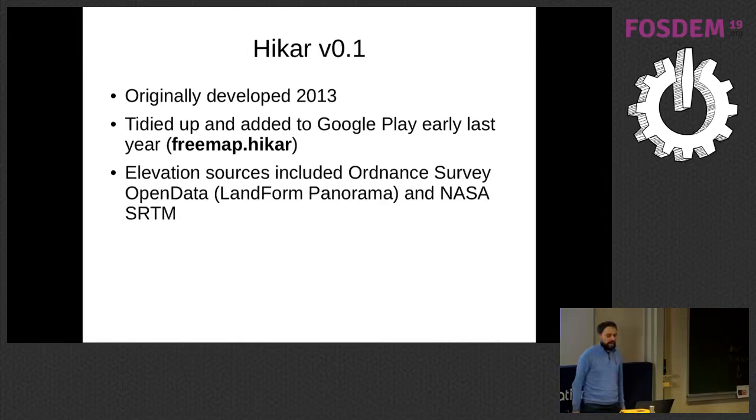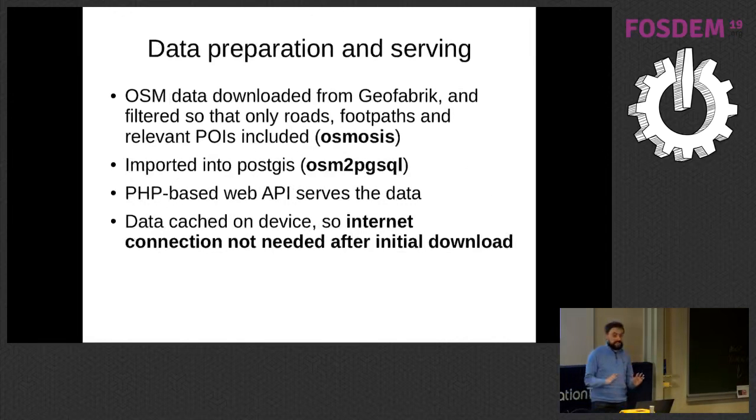Okay. So how do I prepare the data? It does not talk to OpenStreetMap directly. Obviously, the main OpenStreetMap servers are aimed at editing, not consumption of data. So it's basically using a very standard tool chain, really, using osmosis, first of all.